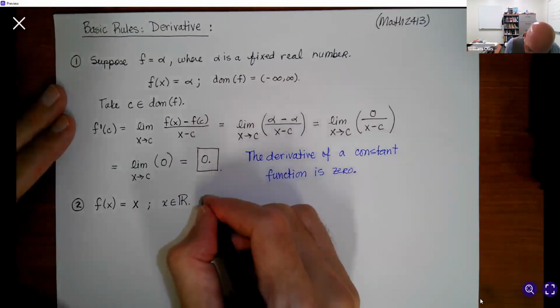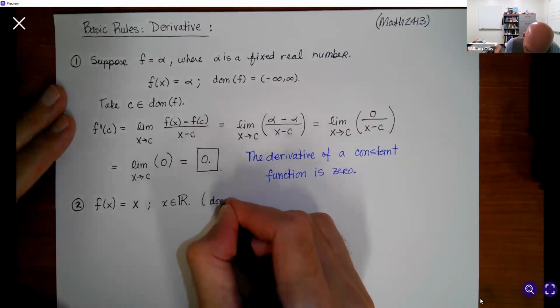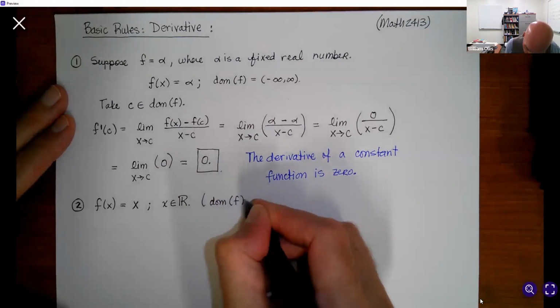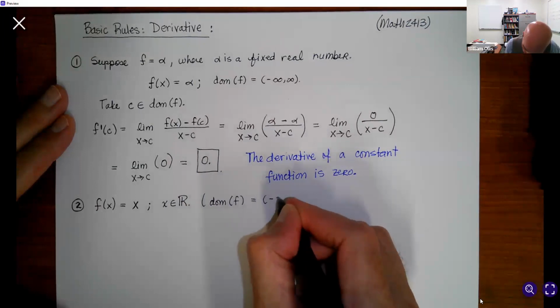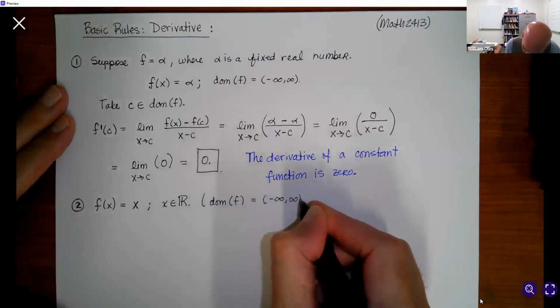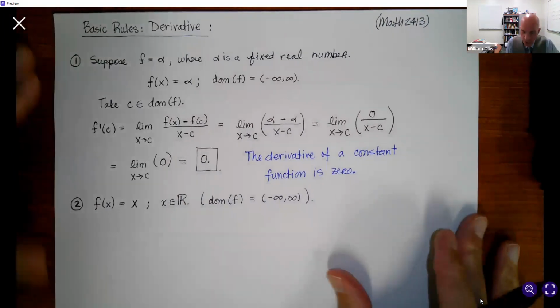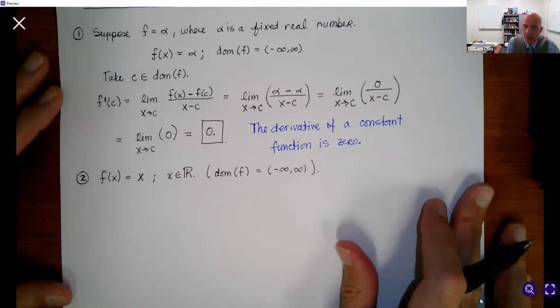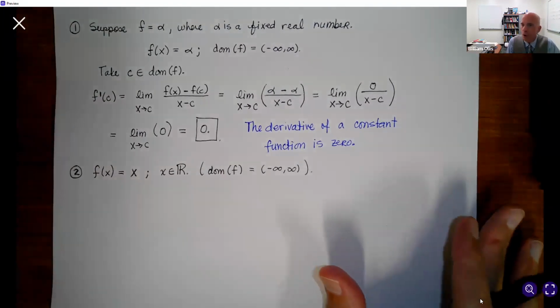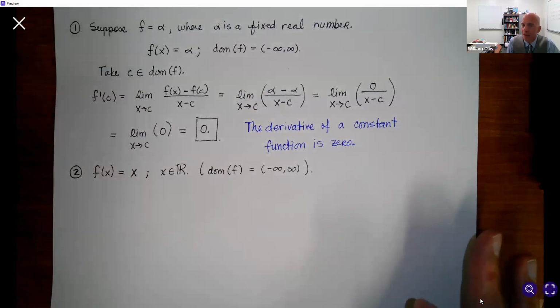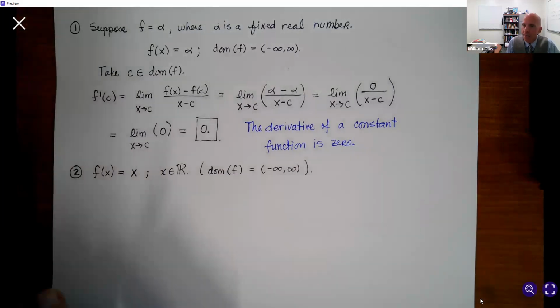In other words, the domain of f we'll just take to be all reals. Also, we know this is a very good example of an odd function. We've already proven that the derivative of an even function is an odd function, and you should look at the case where you take the derivative of the odd function and then get the even function.